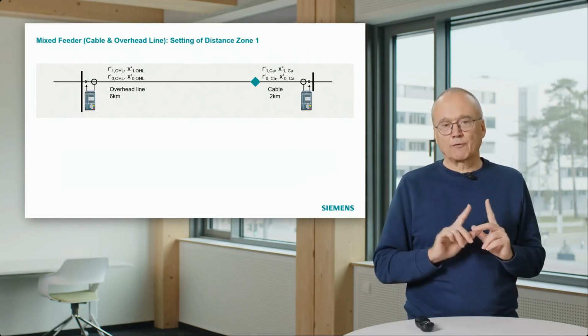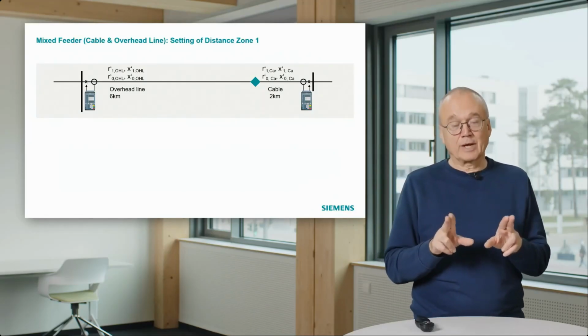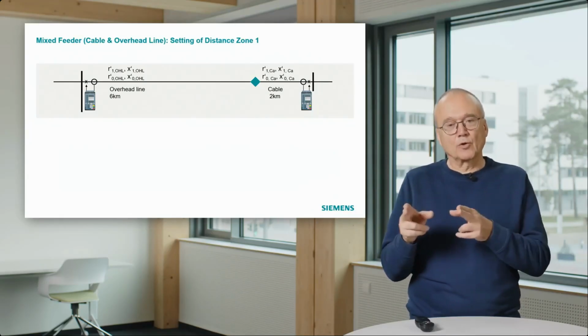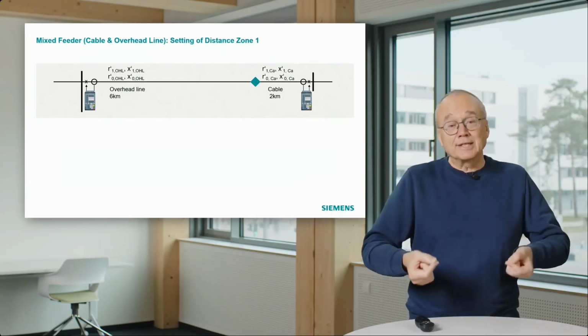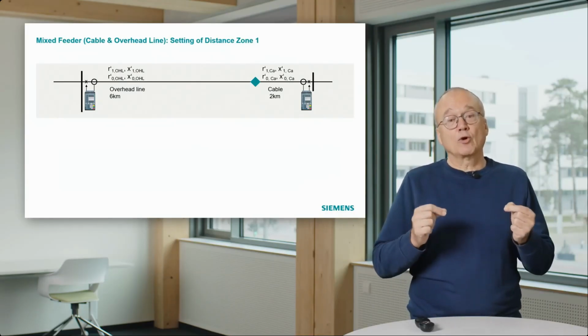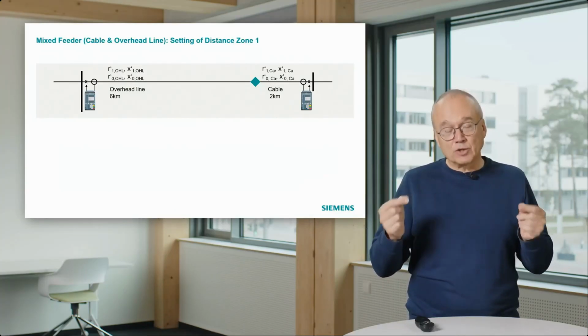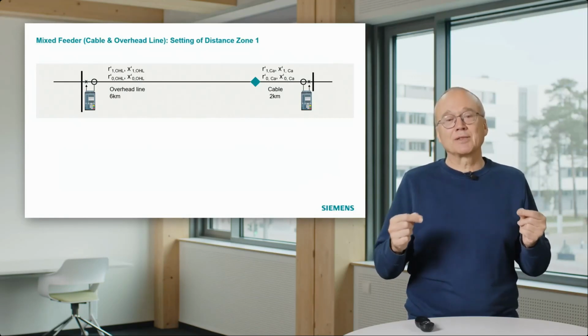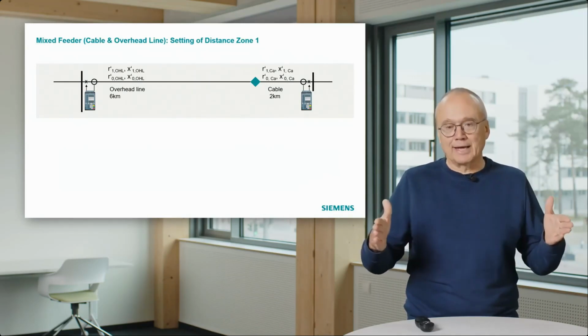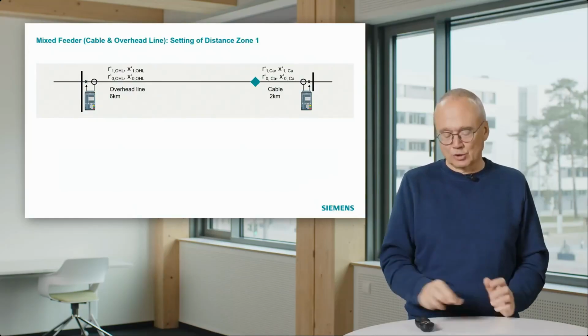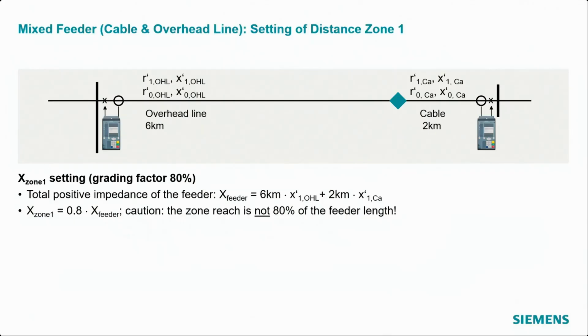Here we must be a bit careful, as the reactance per kilometer is different on the overhead line and on the cable. We still set it to 80% of the total line reactance, but we should keep in mind that this does not mean 80% of the total length, that means of our, in total, 8 kilometers in this case. So the first thing we have to do is calculate the total positive impedance of the feeder, reactance and resistance.